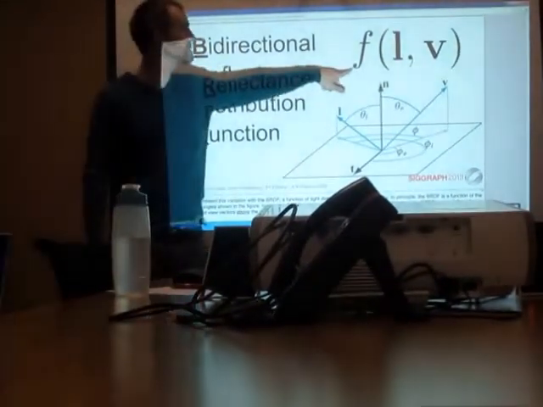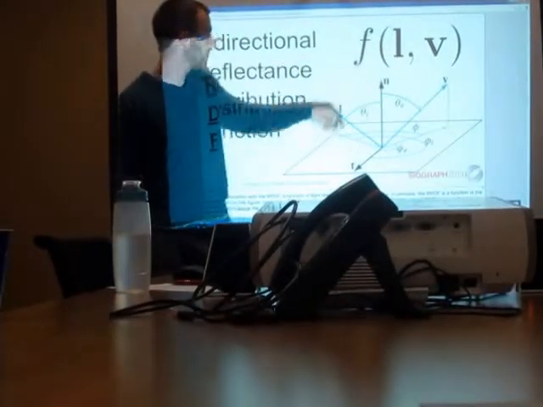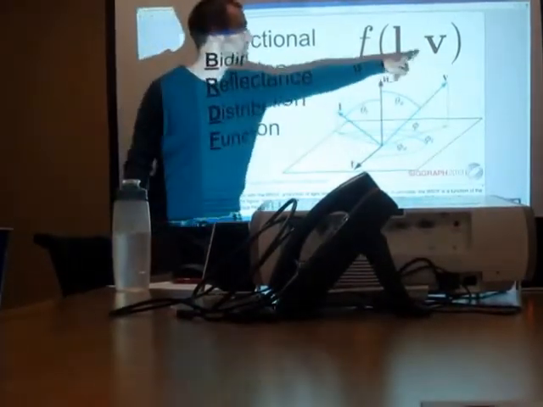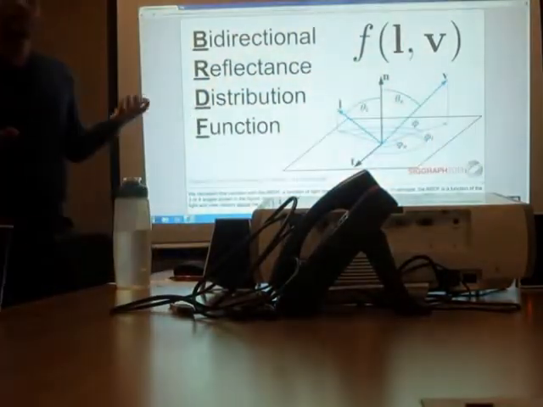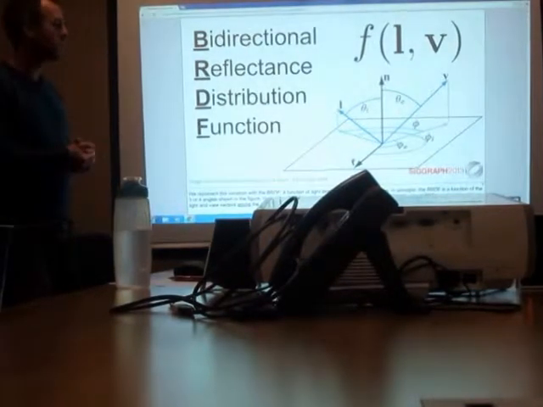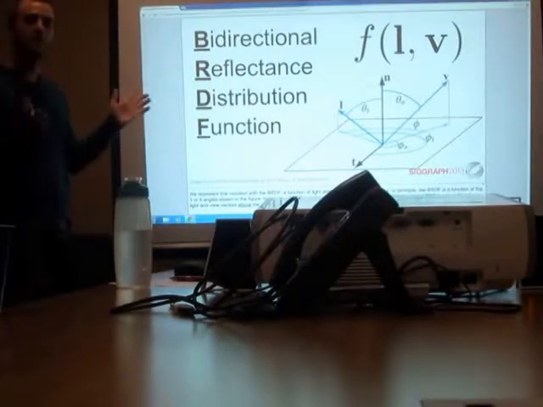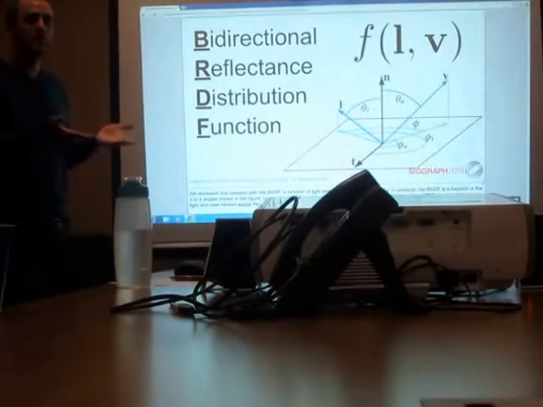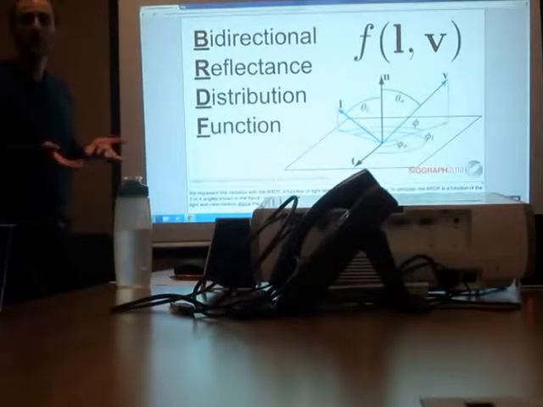So it's the percentage of light that came in from some direction L, like that, and is leaving in some direction V, presumably because that's where the camera is. It's called V because it's usually the view direction. So light comes in and bounces in many directions, but if there's nothing there to see it, if there's no camera, then you don't really care.